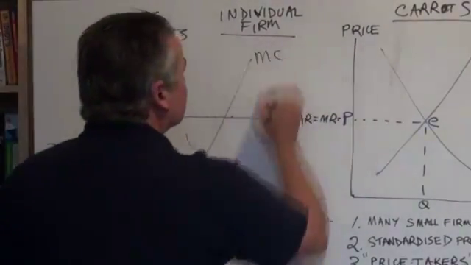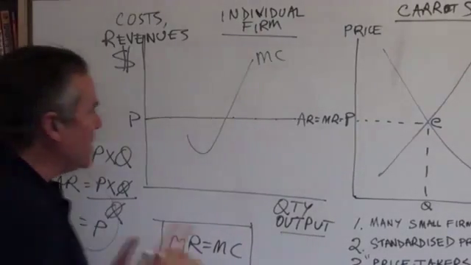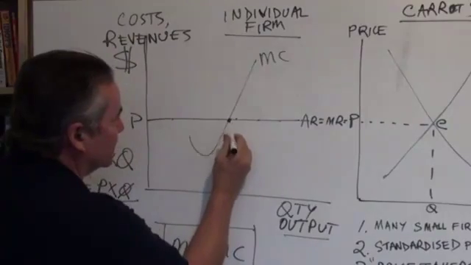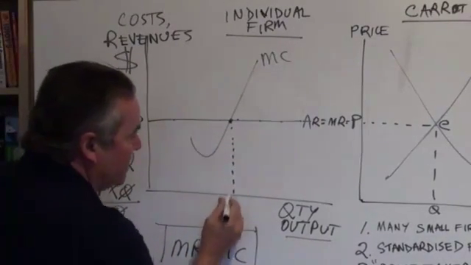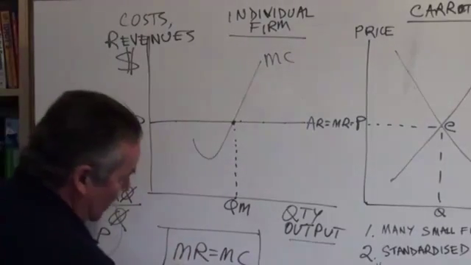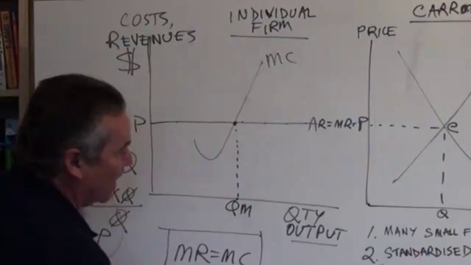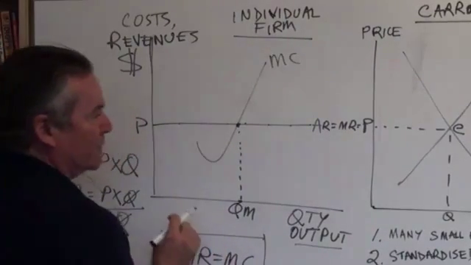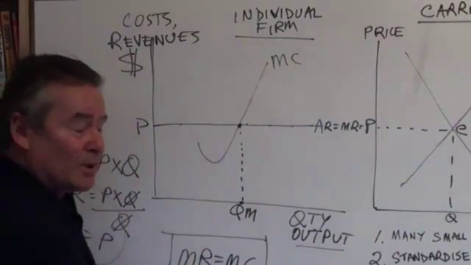There it is, right there. Bingo. MR equals MC. What's the significance of this? Answer: it's the quantity of output where these two variables are equated. It's the quantity of output that this farmer will offer to the market that maximises their profit.